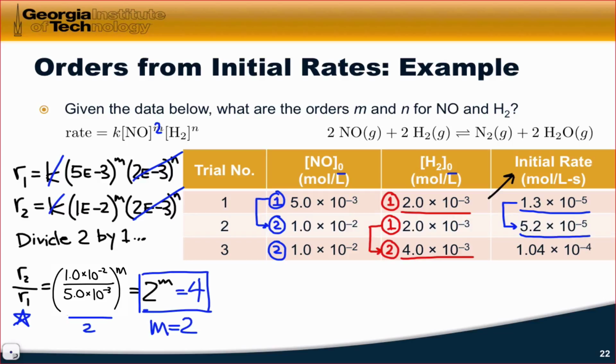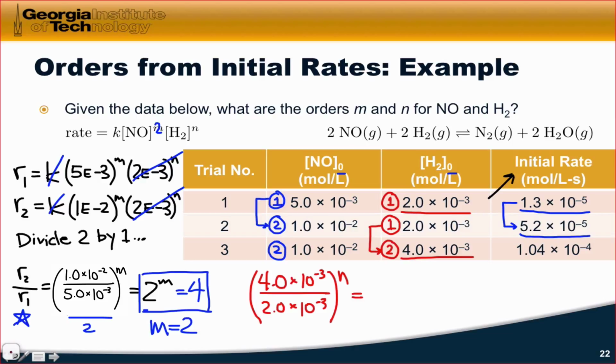We can do the same dance with H2. To save us a little bit of time, I'll jump ahead a bit and say that when we divide the rate laws for trials 3 and 2, we get 4.0 times 10 to the negative 3 divided by 2.0 times 10 to the negative 3, all raised to the N power now. The factors due to NO drop out.